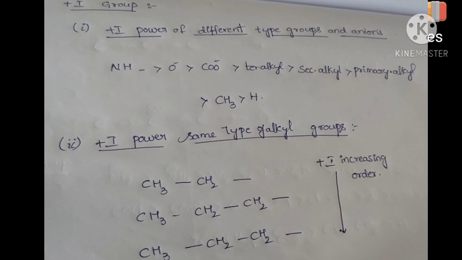That means as the number of carbon atoms increases, the positive I power increases. For example, CH3 single bond CH2 and CH3 single bond CH2 single bond CH2. These are in increasing order of positive I power.